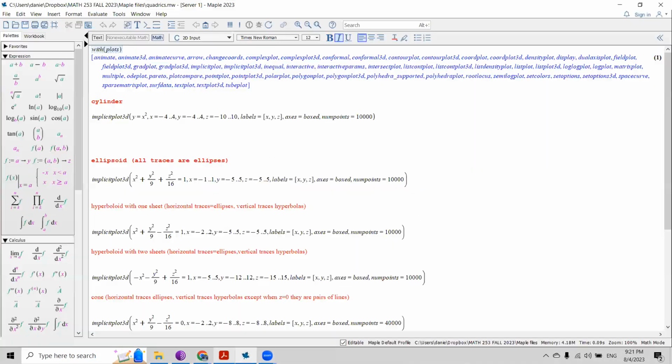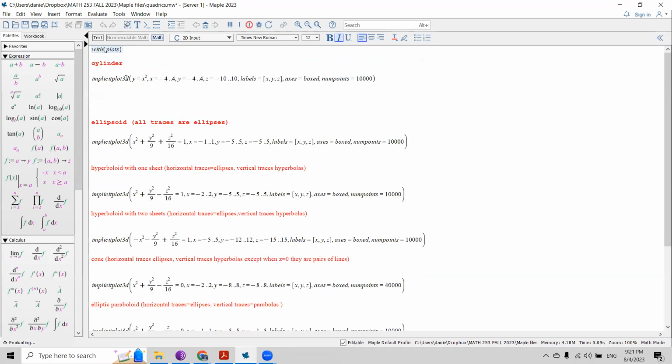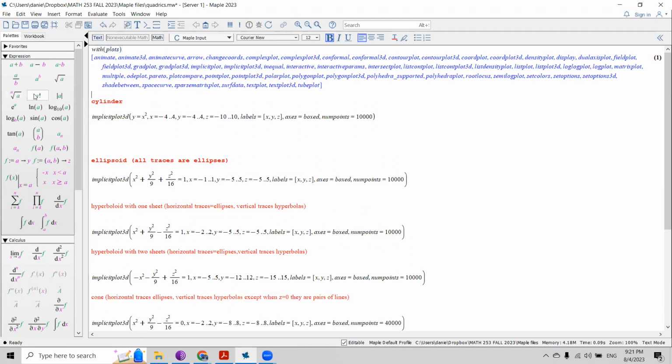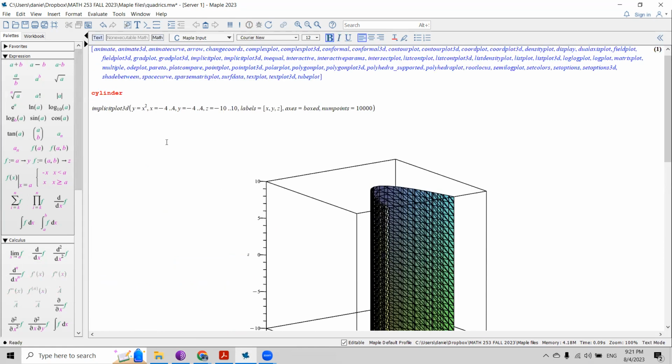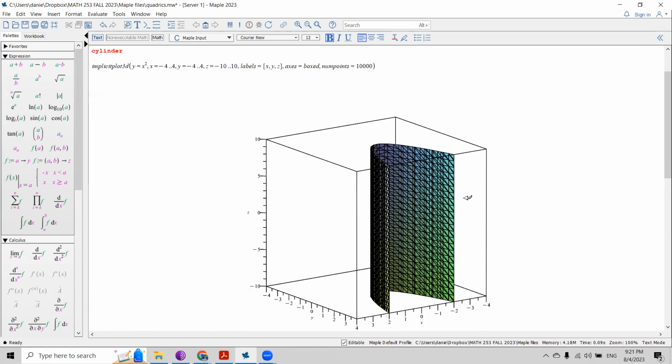Let's go over a couple of these examples. We're going to go over an example of each with Maple. So first of all, the cylinder, which is given by a cross-section given by a parabola. Remember, because z doesn't appear in the equation, that means z can take any value.